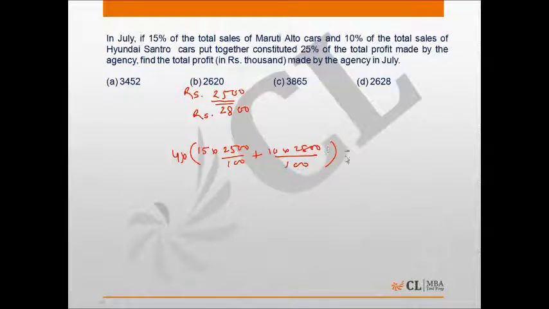So our total profit comes out as 262, which is in rupees 1000. So the correct answer is option B, which comes out as rupees 2620 in rupees 1000. Hence option B is the correct answer.